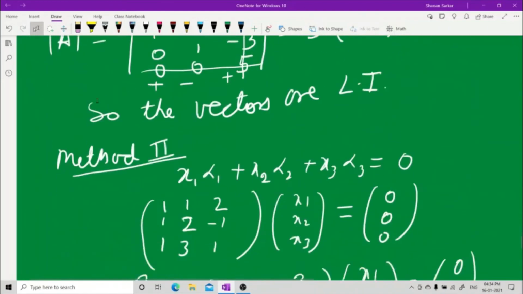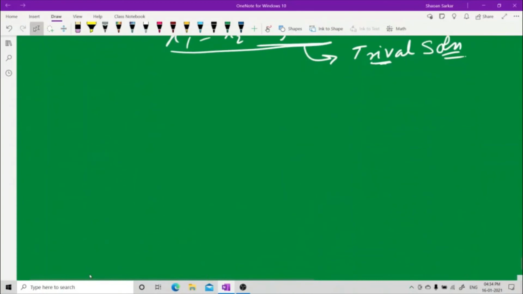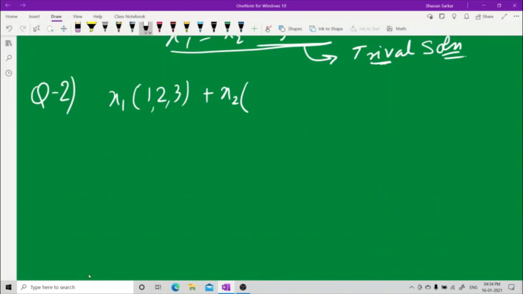Let us do it now. Question number 2. Let us write these vectors: x1, alpha 1, which is (1, 2, 3); x2, the next vector, is (1, 3, 5); x3 is (1, 0, 1); and my last vector x4 is (2, 3, 0).